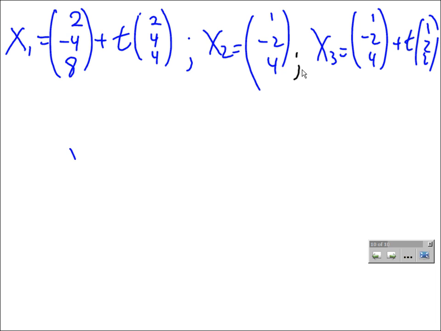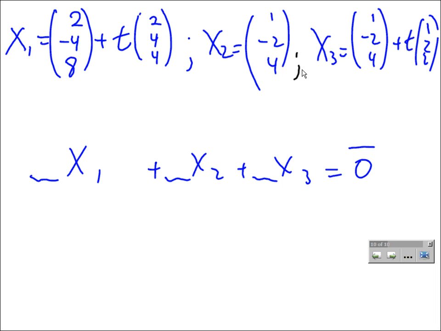Now, we have three vectors. You want to see if you can get the 0 vector when you add multiples of each of the vectors. Of course, the multiples can be just 1. That is, you just add the 3 vectors. Now, if I can come up with, say, this equation.